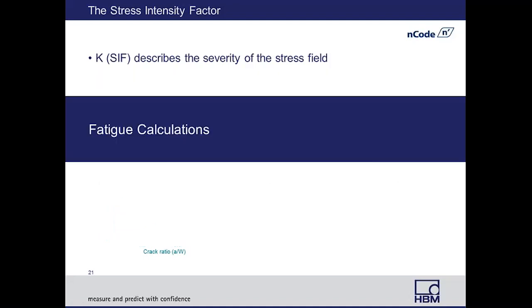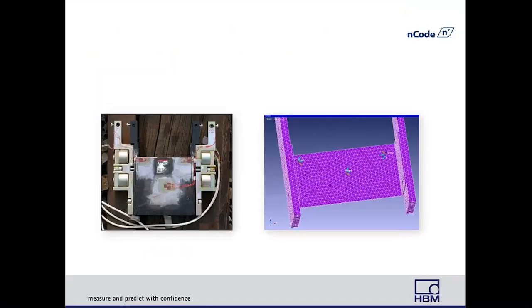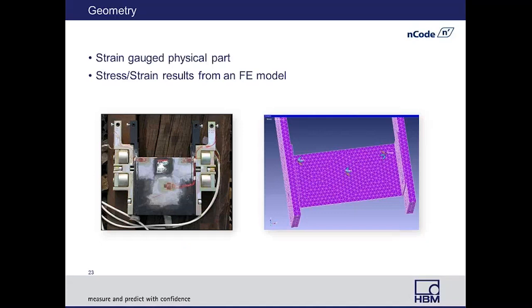All right, let's go over just a little bit of the inputs and what form they might take. For the geometry input on our fatigue calculations, if you are working with physical parts, this may be a strain gauge part. So you can see on the left right here, we've got a part with a couple of strain gauges attached to that, hooked up to a data acquisition system, and then recording data as we apply loads to it.